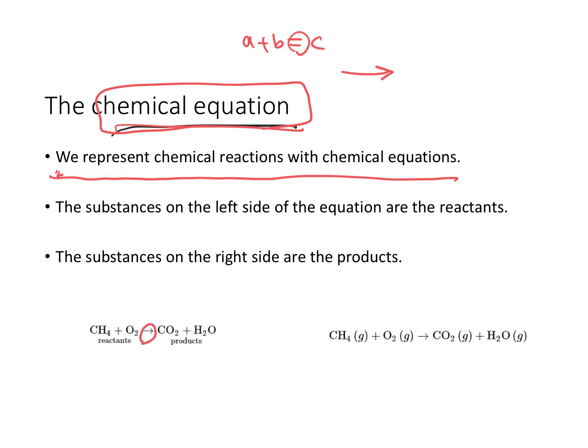And the substances that react with each other and produce products, we call them reactants. Basically, it's the substances on the left side of the equation, these are reactants. And if you remember the definition of chemical reactions, we said one or more substances react with each other and create one or more substances, right?